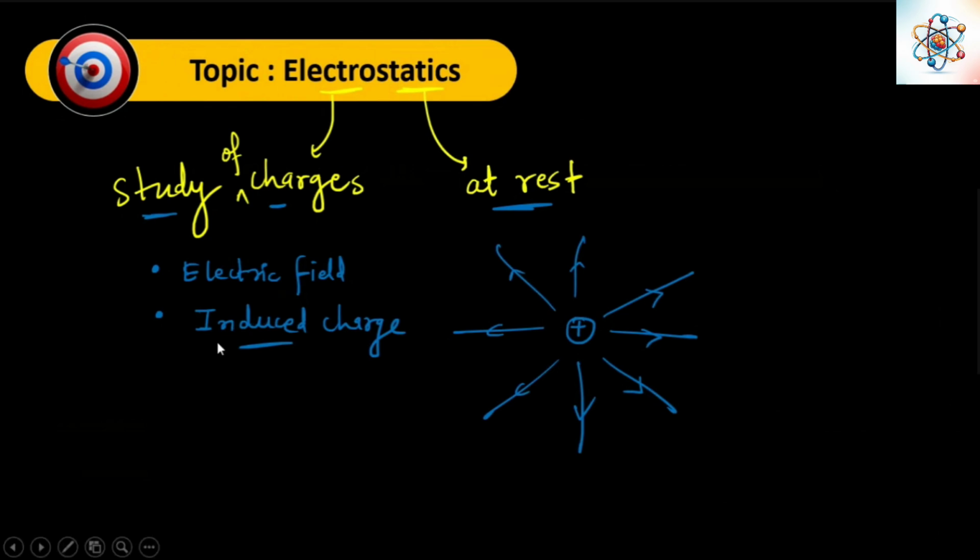So how can we induce charge in it? What are the methods of inducing charge? What is induction to be precise? What process is it? In order to understand all these concepts, we need to first understand what exactly charge is.